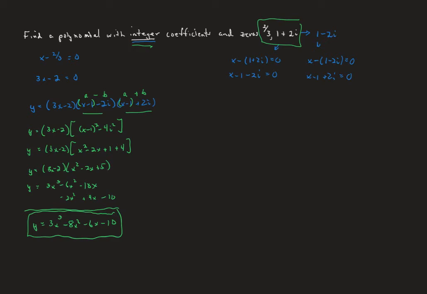Okay? Very good. Let's try one that's a little different style. In this case, I'm going to say find the zeros and factors of, and I'm going to tell us that our polynomial to start with is p of x equals x to the 4th minus 3x to the 3rd plus 6x squared plus 2x minus 60.